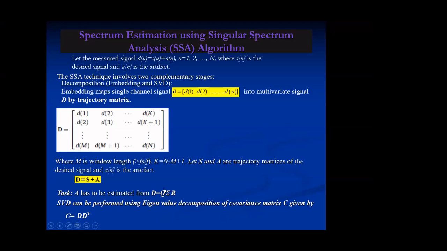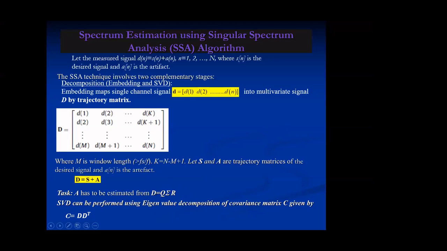Only diagonal elements are present, and all remaining elements are 0. So any given matrix can be represented in this manner: the product of two orthogonal matrices, one right and one left, and one diagonal matrix.